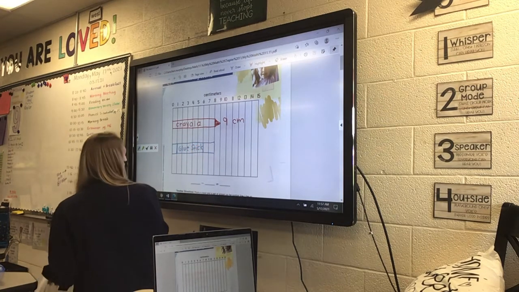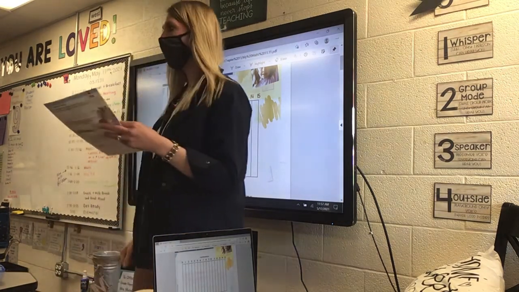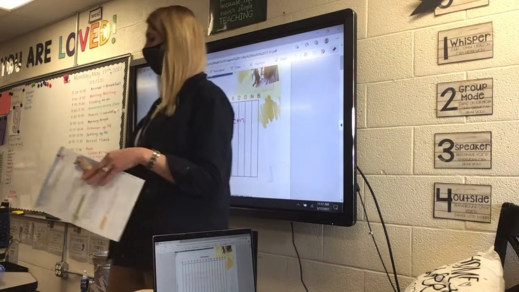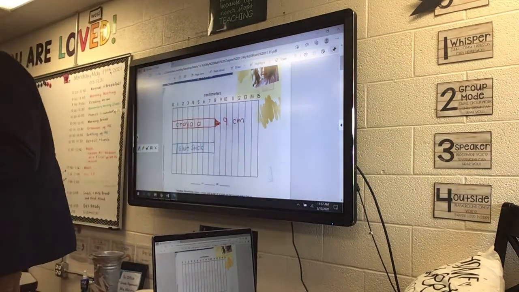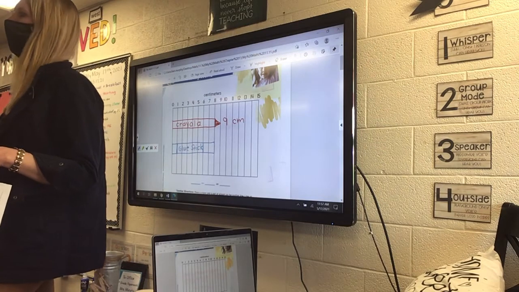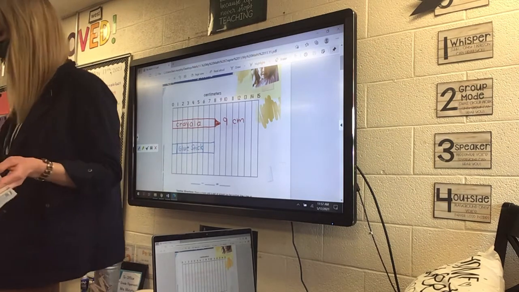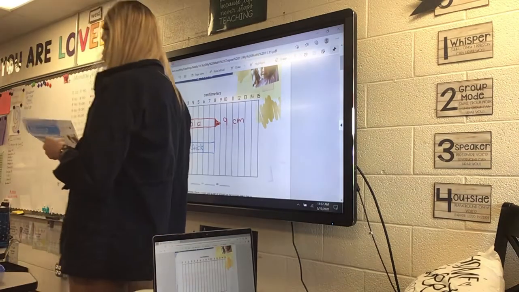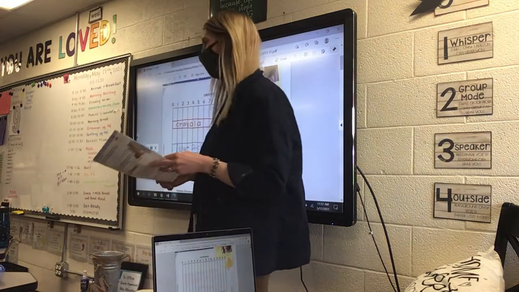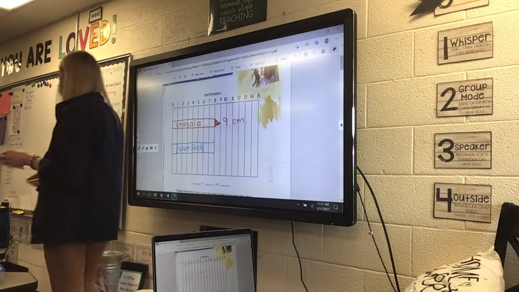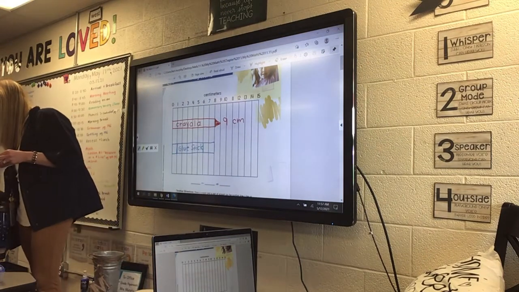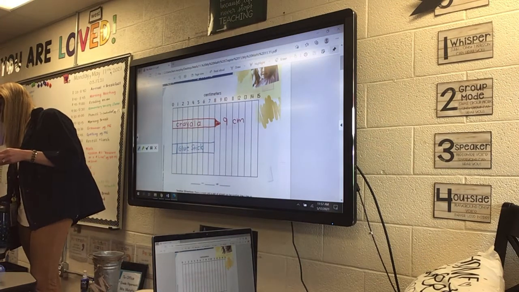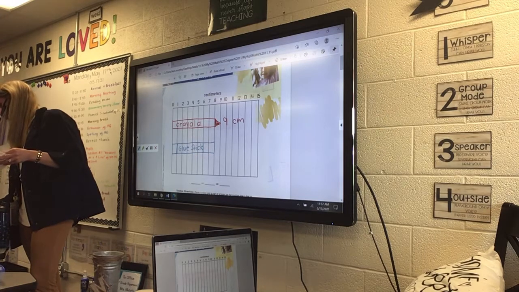Mrs. Murphy, do we have to do the label? You don't have to, but it would be nice just so you know what you're measuring. It says more than that, but if you look, Carson, it really does say glue stick.